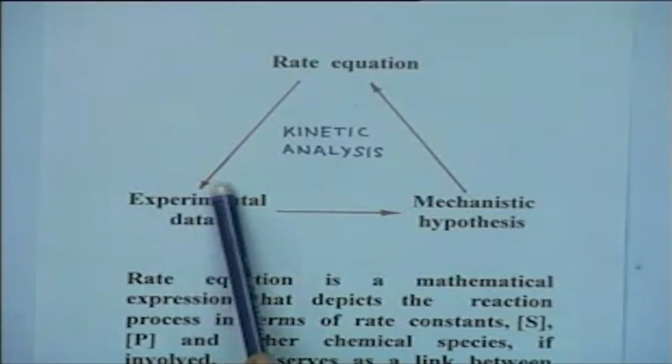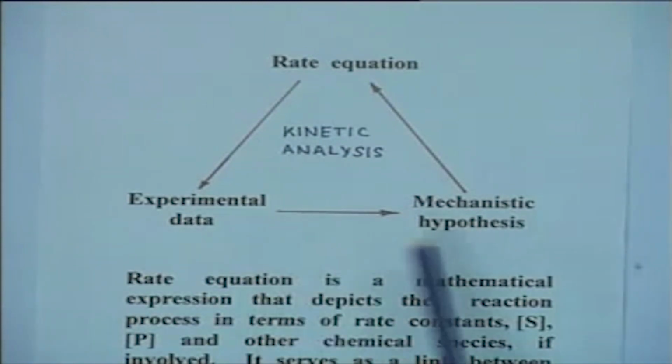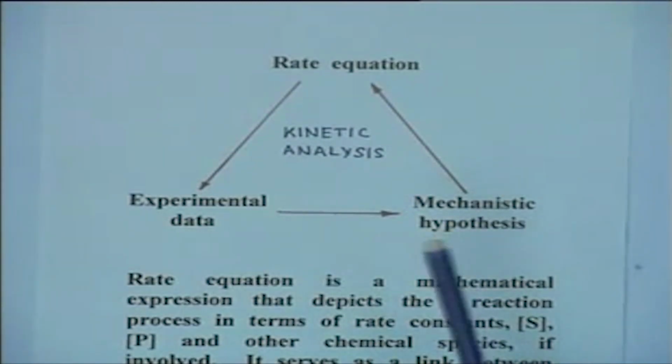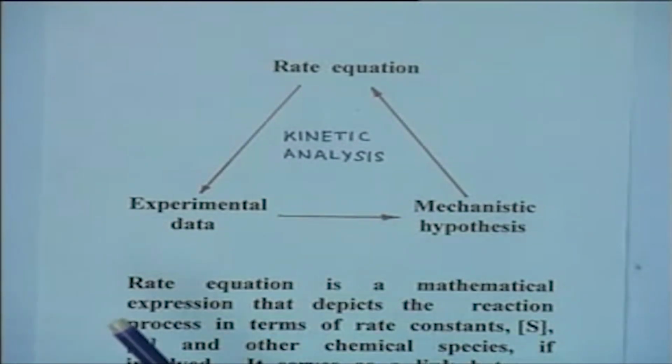Now, there are three major constituents in any kinetic analysis. As I mentioned earlier, the first and probably the most important is the experimental data. Starting with the experimental data, one assumes a certain mechanistic hypothesis, that means how the various molecules involved in the reaction are interacting.